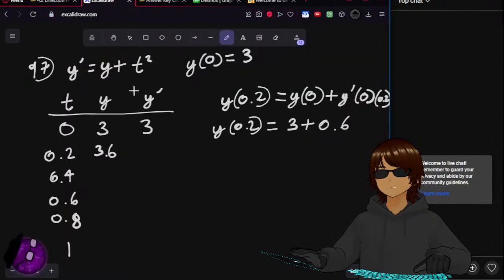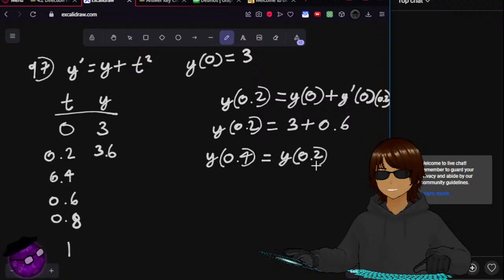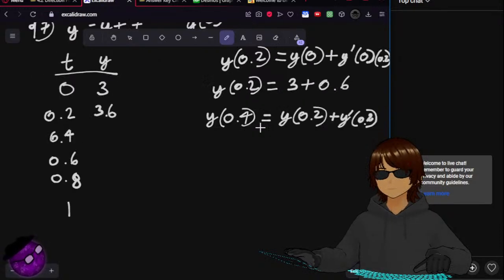I mean, this derivative isn't going to change. So 3.6, and then y at 0.4 is equal to y at 0.2. We are going 0.2 steps ahead.